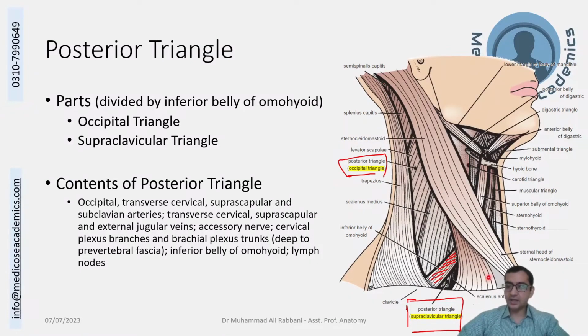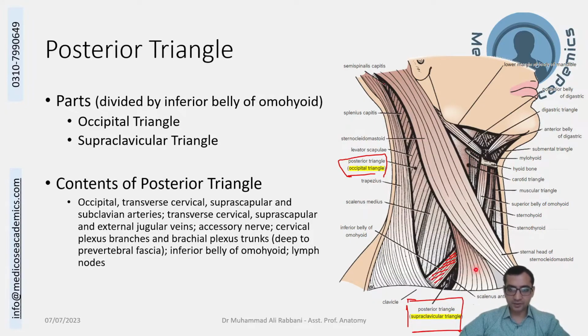Let's go to the arteries first. Arteries include the subclavian artery. It contains the third part of the subclavian artery, and a few of its branches, that is suprascapular, dorsoscapular. Then there is the subclavian vein.